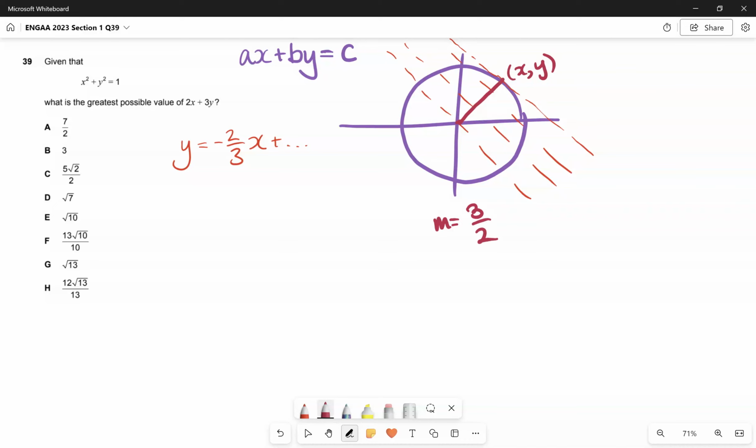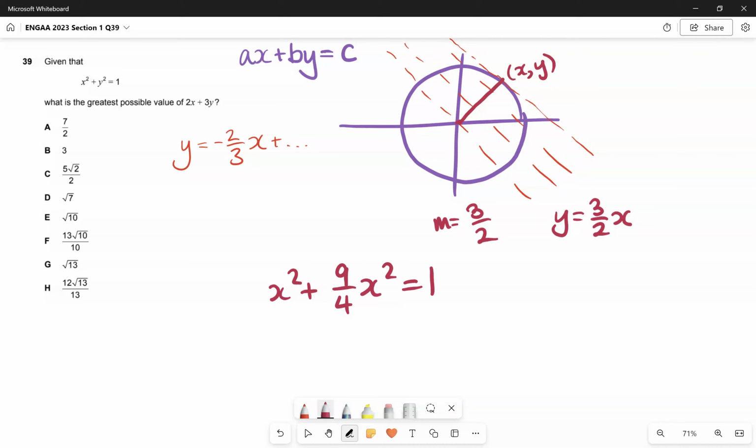It's minus 1 over minus 2/3. And this line passes through the origin, so that means y equals 3 over 2 x here. We could then substitute this into x squared plus y squared, so we've got x squared plus 3 over 2 squared, which is 9 over 4, x squared equals 1.